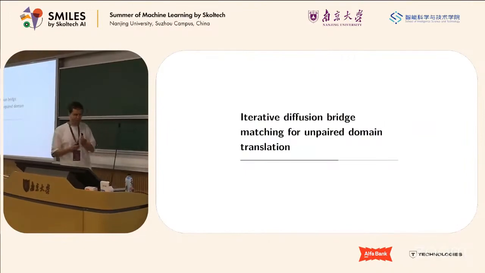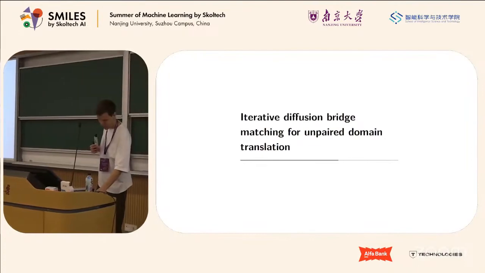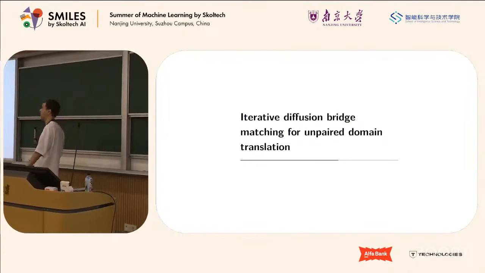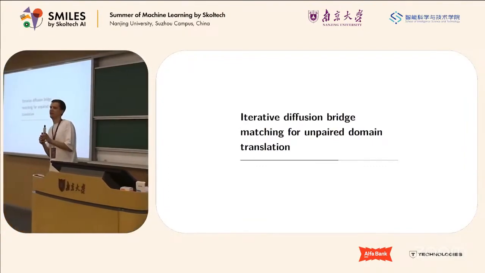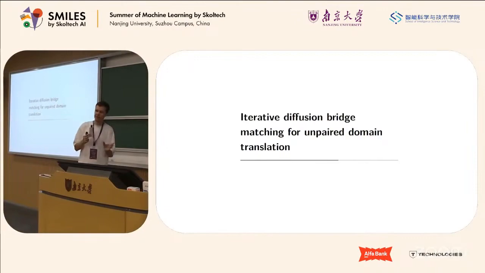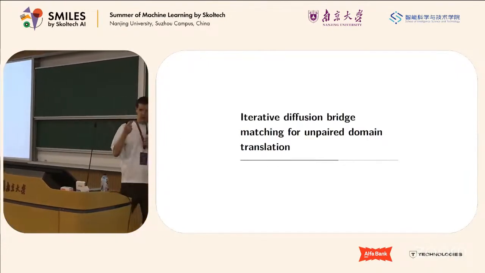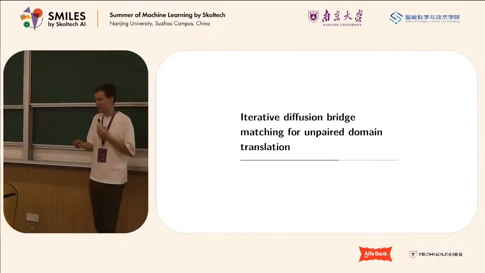Okay, and the final part of our today's lecture is the following one. So far we have discussed how to learn models in the paired case. Yeah, so if you have pairs of input and target data from the target domain, in this case we can learn an unconditional bridge model, a conditional diffusion bridge model, or just a conditional diffusion model if you want.